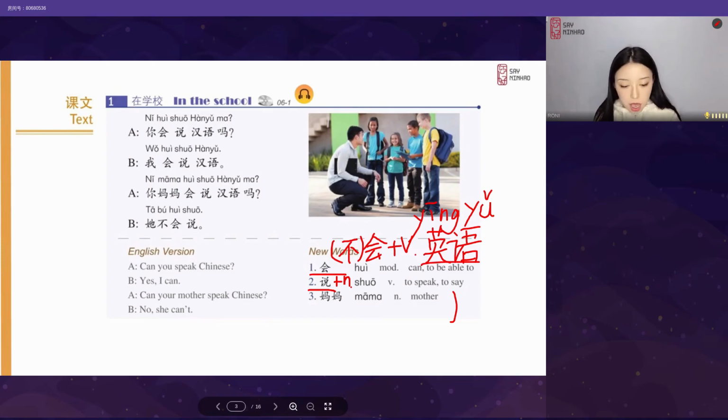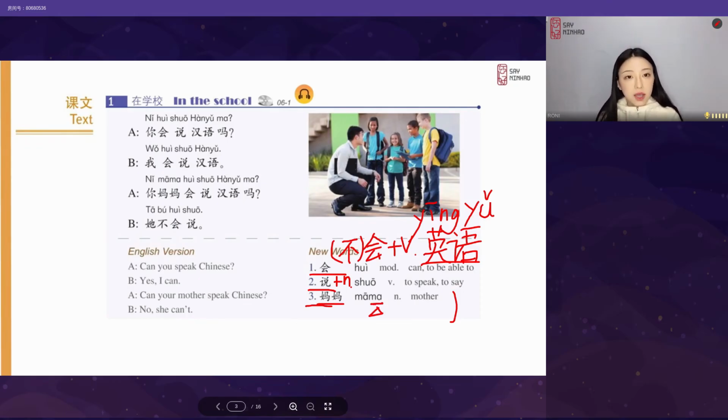美国人说英语. 中国人说汉语. Okay, this is about 说, speak, to say. Last one is mama. Mama, it means mother. And the second ma is a neutral tone, okay? We've learned the rules of neutral tone before, and there are many words like kinship.